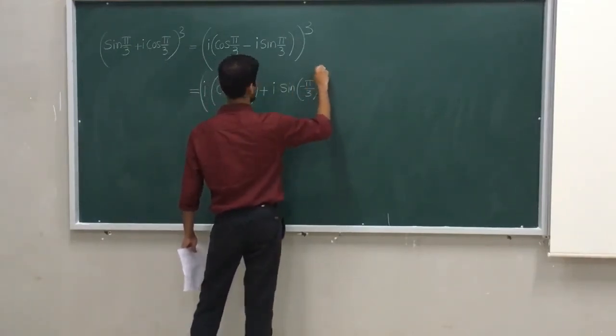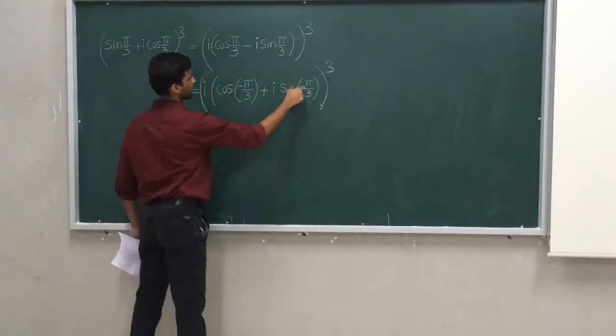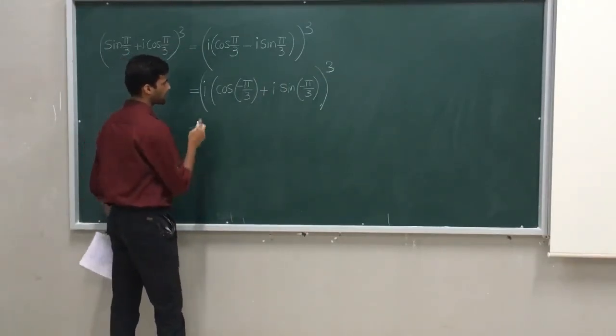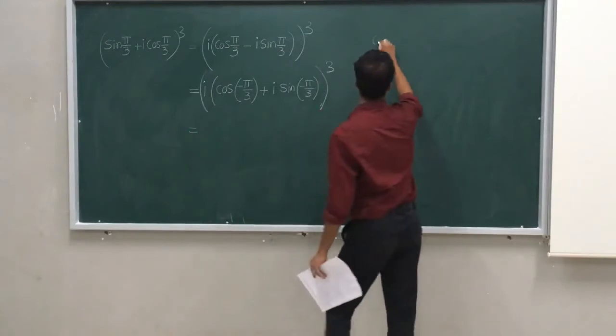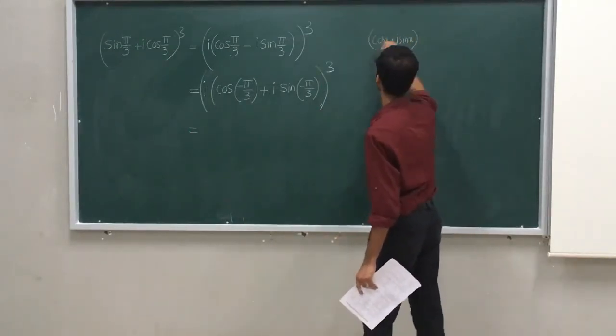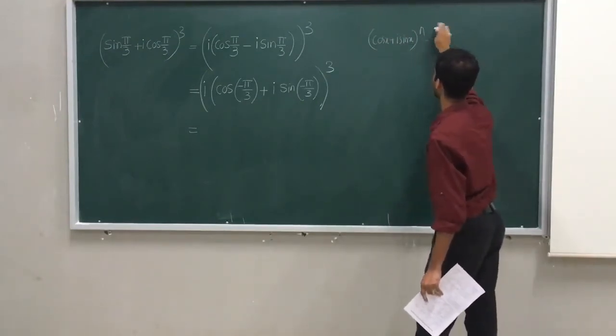Yes, it's whole cube. Because cos of minus theta is cos theta, sin of minus theta is minus sin theta. Now I told you one de Moivre's theorem. Cos x plus i sin x whole power n can be written as e power ix. Okay, one formula.